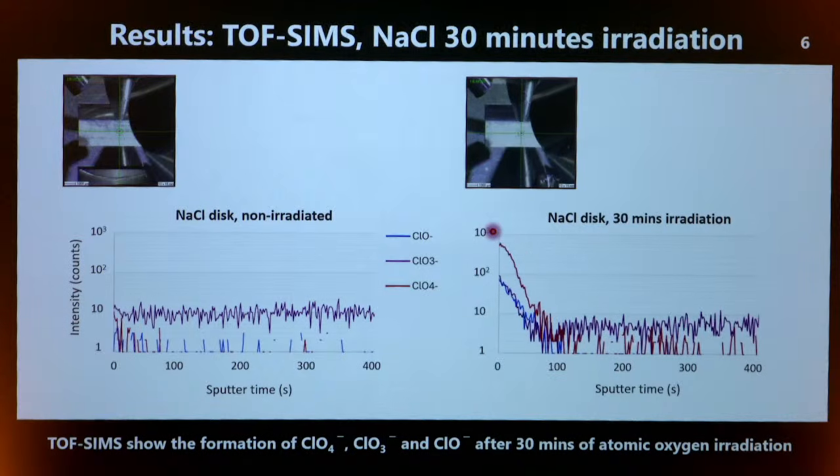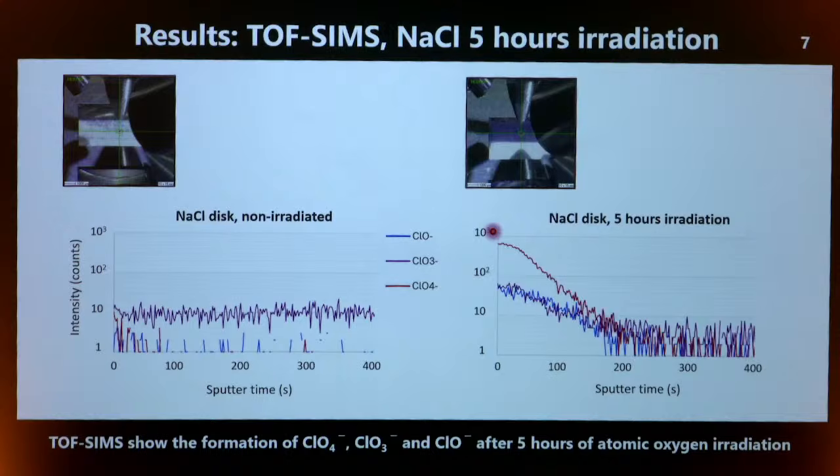Another important result here is that the intensity of the signal for perchlorate is about 1 order of magnitude higher when compared with chlorate, which suggests a preferential formation of perchlorates over chlorates.